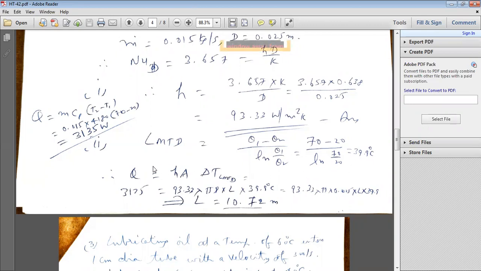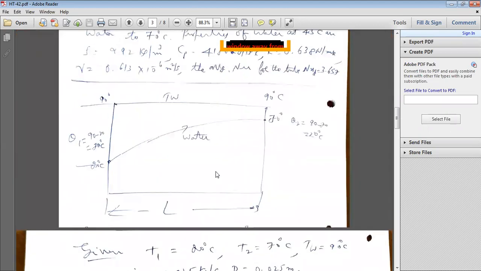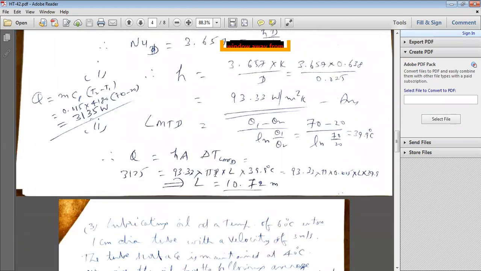Okay? But convection heat transfer, how do you get it? h A delta T mean. Here h is 93.33. But how do you calculate area? Inside surface area of the pipe, 2 pi r L or pi d into L, pi into diameter of the pipe into length of the pipe L. That is the inside surface area for a cylinder, the surface area of the tube, circumference into length of the tube.